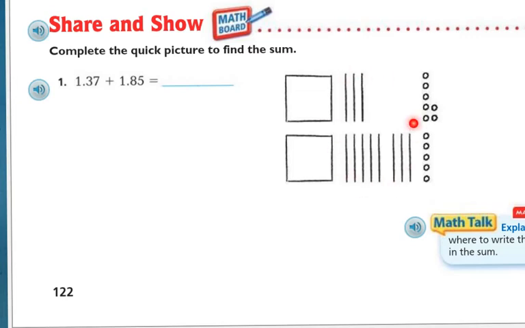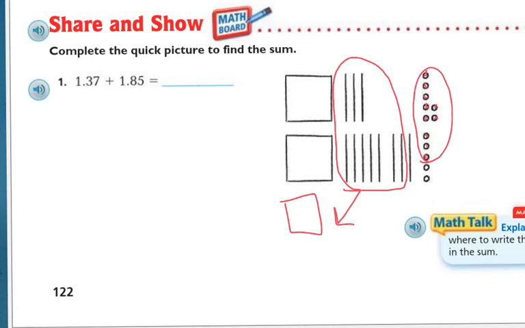Do we have enough tenths to regroup? Well, let's see. We have 5, 6, 7, 8, 9, 10. We do. So we can regroup, and we can trade this for one whole. Do we have enough hundredths to regroup into tenths? Let's see. We have 1, 2, 3, 4, 5, 6, 7, 8, 9, 10. So we do.